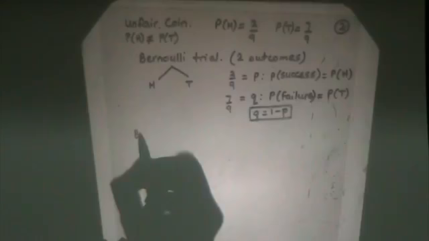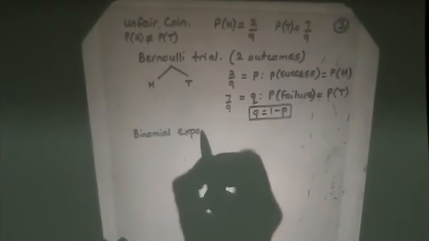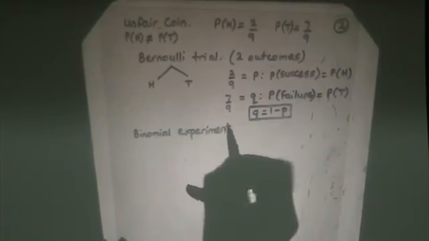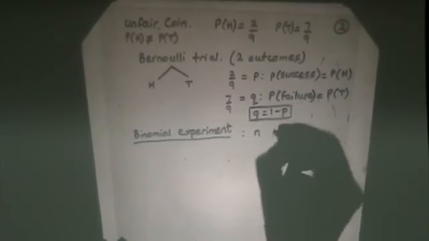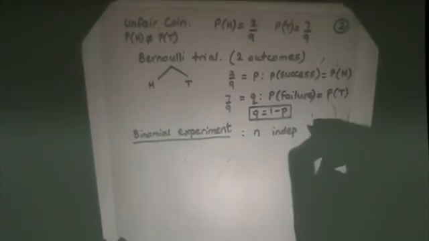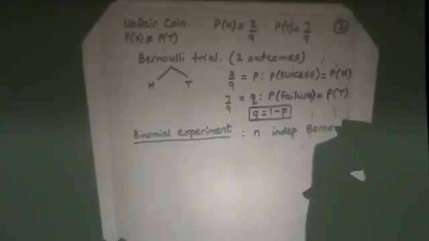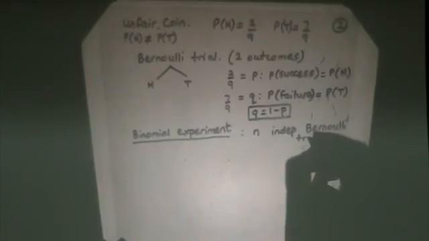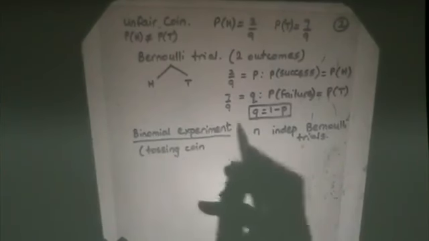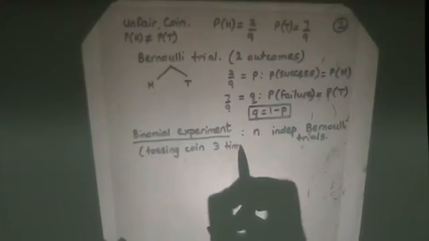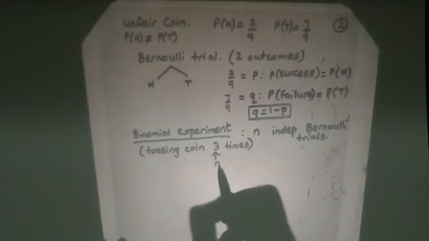So a binomial experiment is made up of n independent Bernoulli trials. So in other words, tossing a coin 3 times, let's say. Here n is 3.